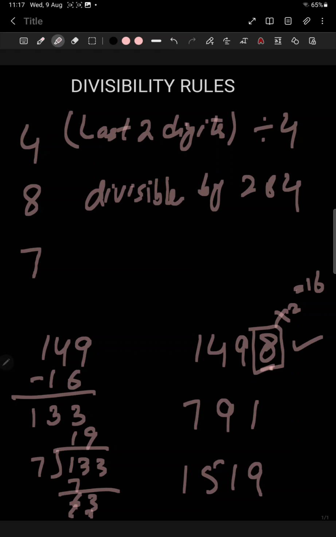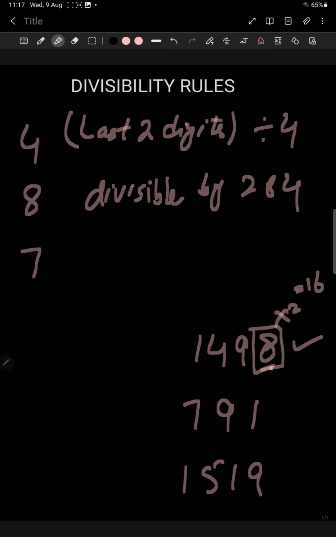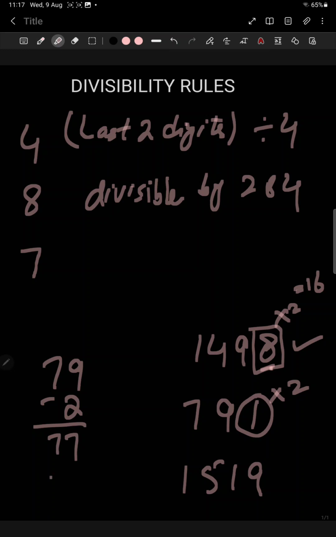Now let us check the second number. We will double the last digit, it will be 2. So 79 minus 2 will give us 77. 77 is divisible by 7. So this whole number is divisible by 7. Now let us check the last number. 9 twos are 18. It will give us 18.